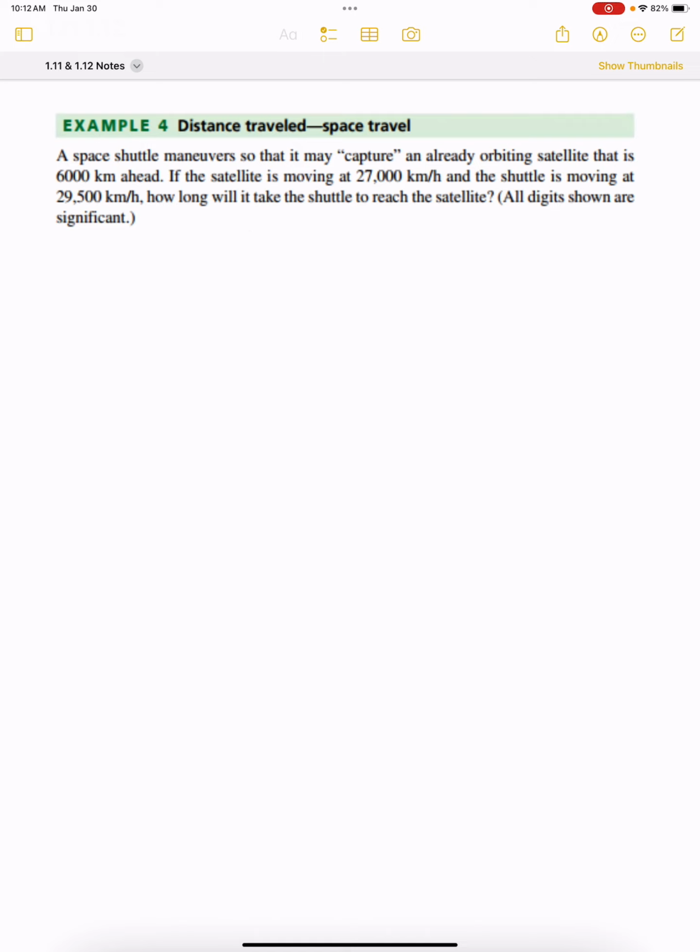All right, so here, this type of problem, we're talking about motion. This is a motion problem. Now, I like to do all motion problems with the same mindset and the same way to think about it.